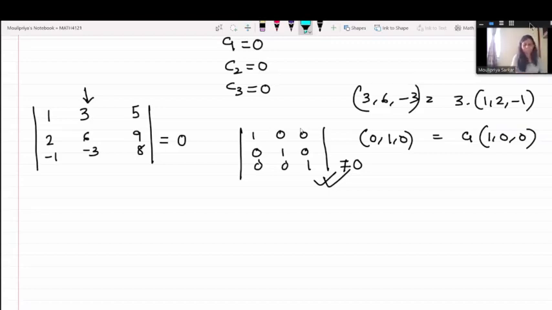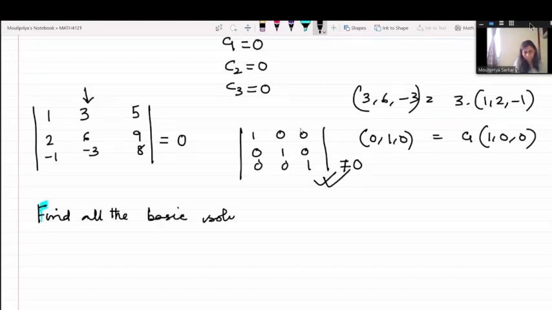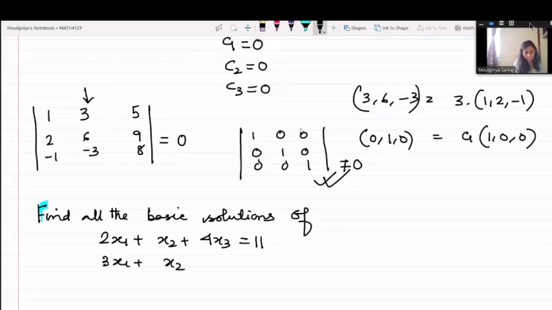Achha, suppose I give you a pretty simple question to do. I tell you to find all the basic solutions of 2x1 plus x2 plus 4x3 equal to 11, 3x1 plus x2 plus 5x3 equal to 14.